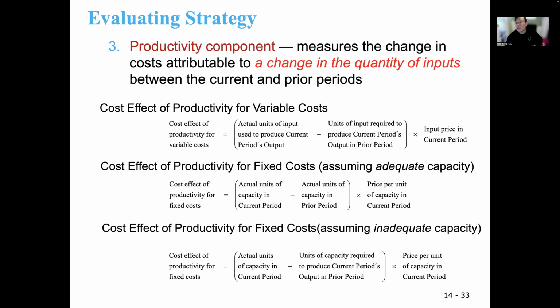It only has an effect on cost, variable cost and fixed cost, that is attributable to the change in the quantity of inputs. So you have two formulas for fixed cost depending on the capacity and one for variable cost.